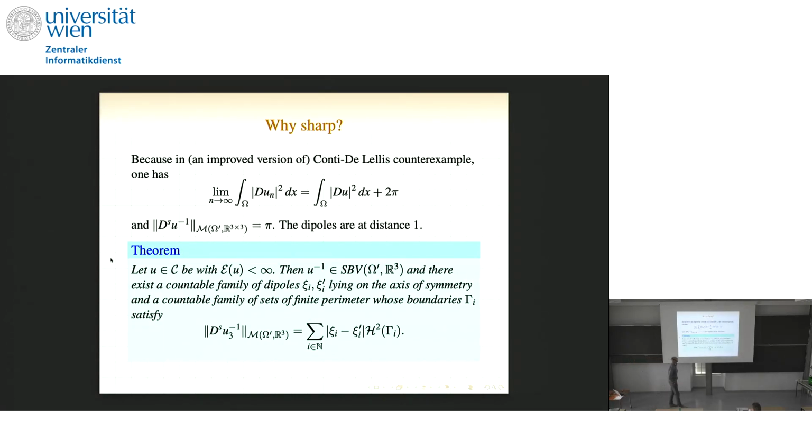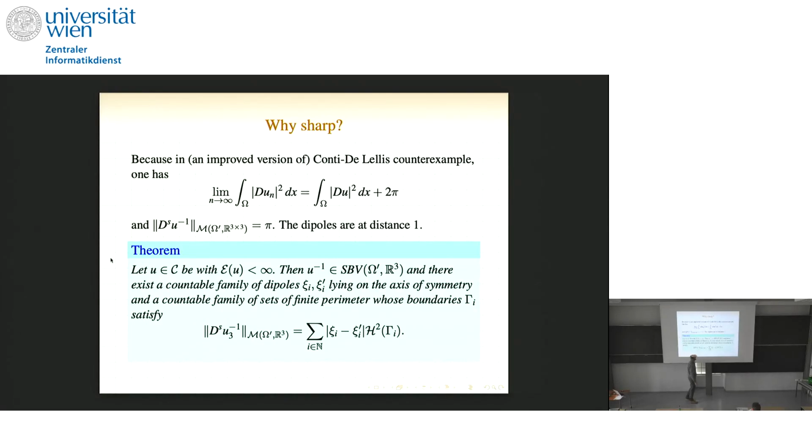What is nice about the energy that we provide is this. As Carlos said, in the limit, when the surface area is bounded, then our inverse is not just in BV, but in SBV. It's nice because by using some work of Ambrosio, you can prove a structural theorem about the singular part.